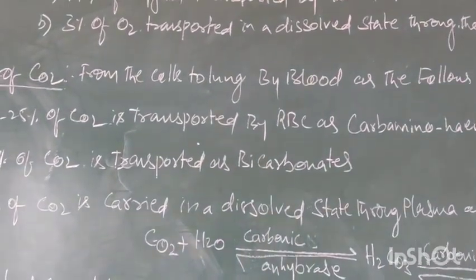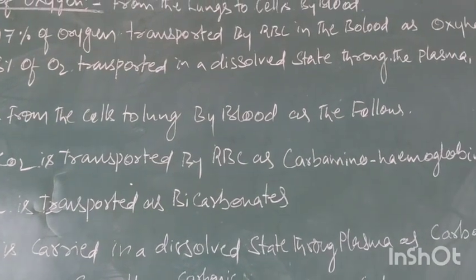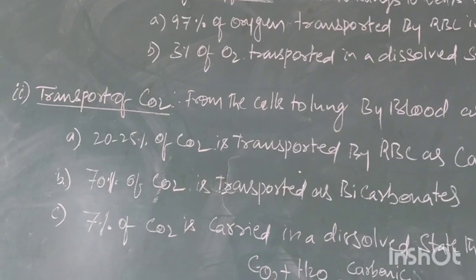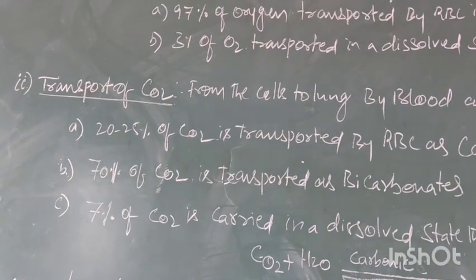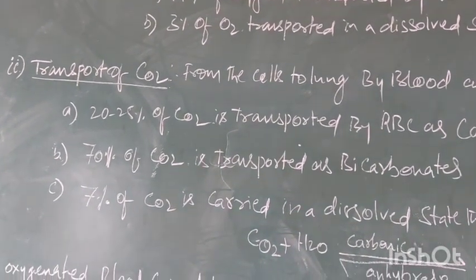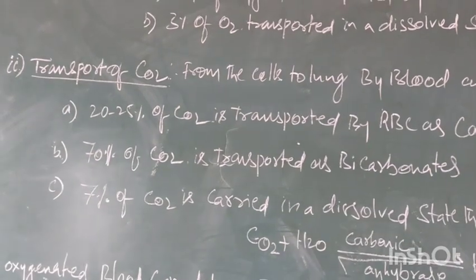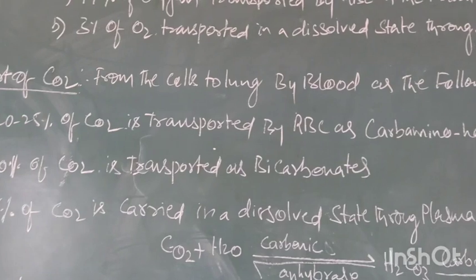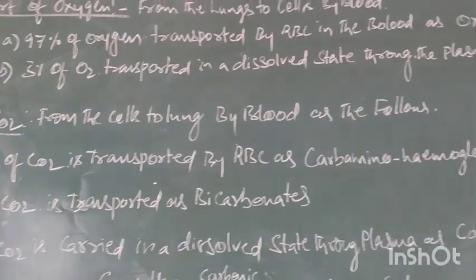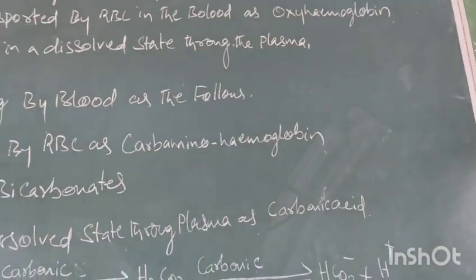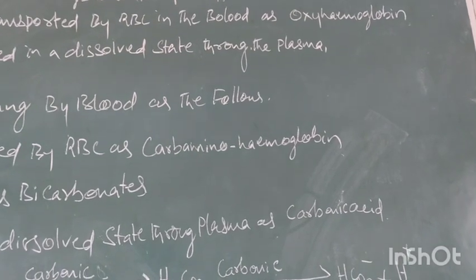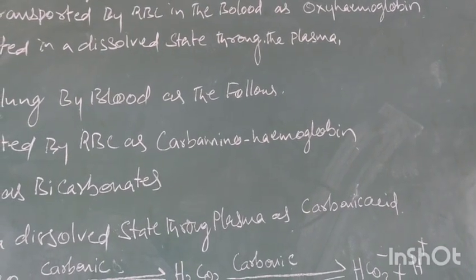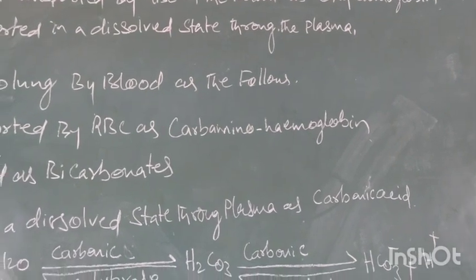lungs by blood is in three forms. 20 to 25% of carbon dioxide is transported by RBC as carbaminohemoglobin. That is, CO2 is bound with Hb and forms an unstable compound called carbaminohemoglobin.